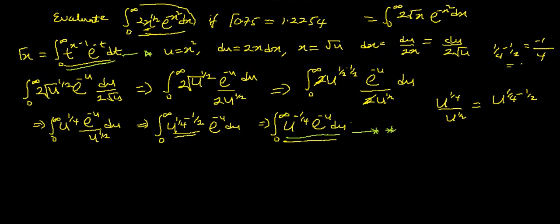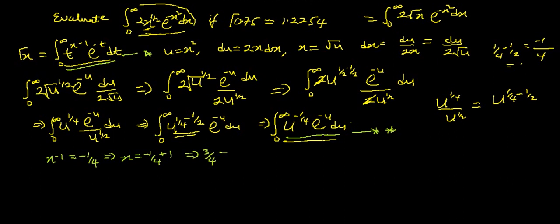Now this u here is representing the t here, so let's equate their powers. That means x minus 1 is going to be equal to minus 1 over 4. Now x will be equal to minus 1 over 4 plus 1, so this is going to give you 3 over 4.